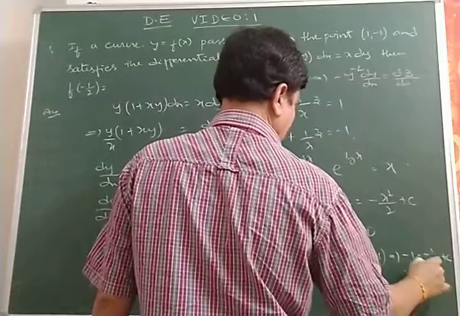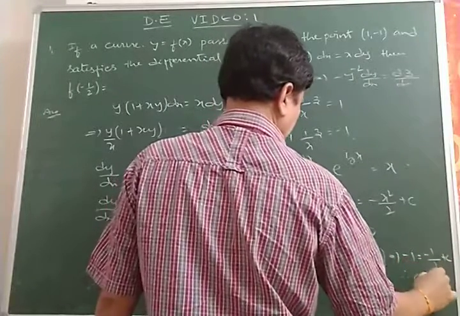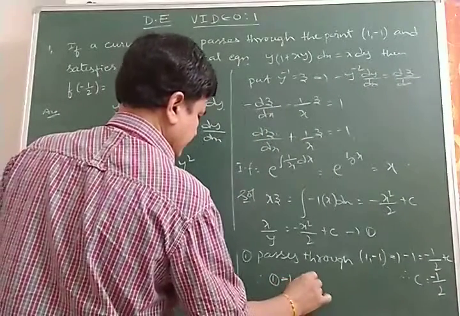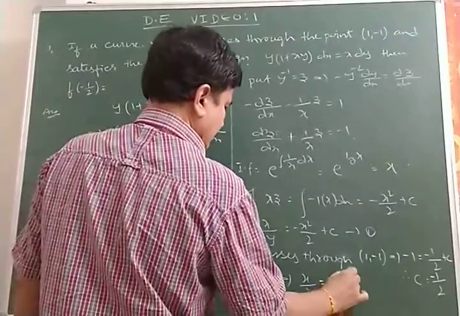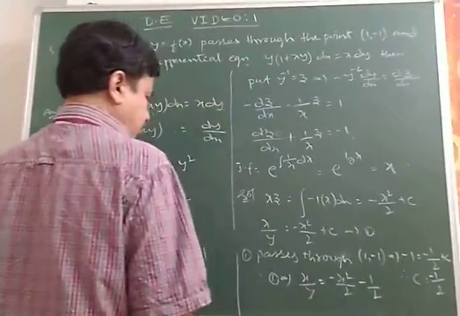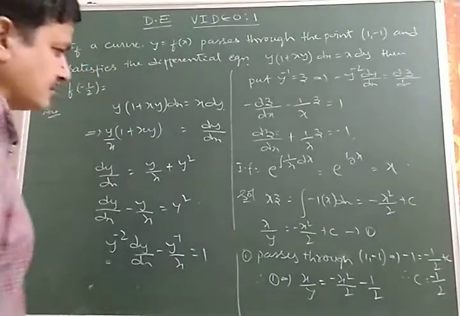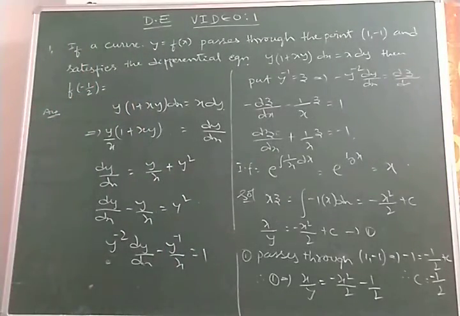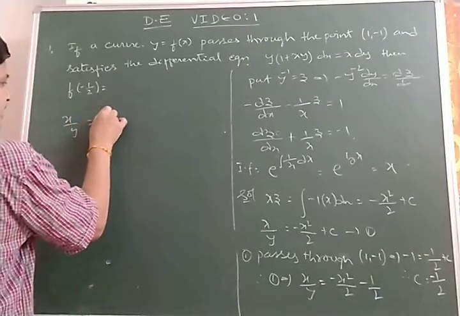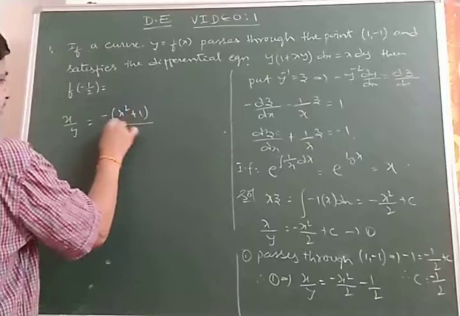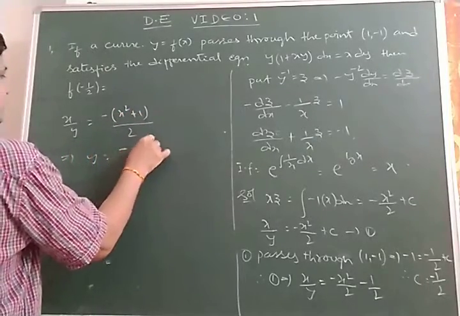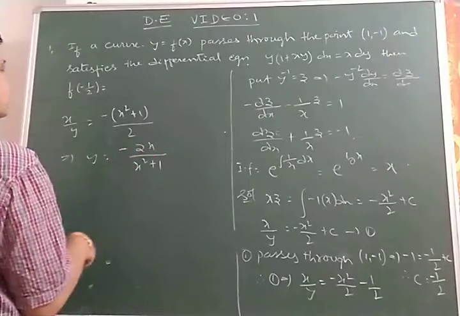Therefore c is equal to minus 1 plus 1 by 2, which is minus 1 by 2. Therefore x by y is equal to minus x square by 2 minus 1 by 2. Now x by y is equal to minus (x square plus 1) by 2. So that implies y is equal to minus 2x by (x square plus 1).